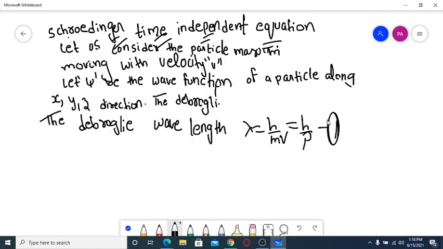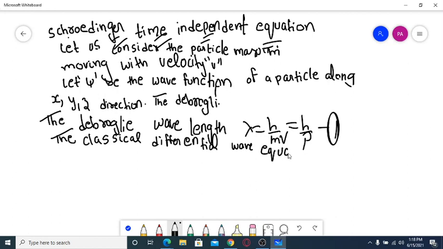Now with this we use our basic classical wave equation. Since the particle is behaving as a wave, we have the classical differential wave equation with wave velocity v.